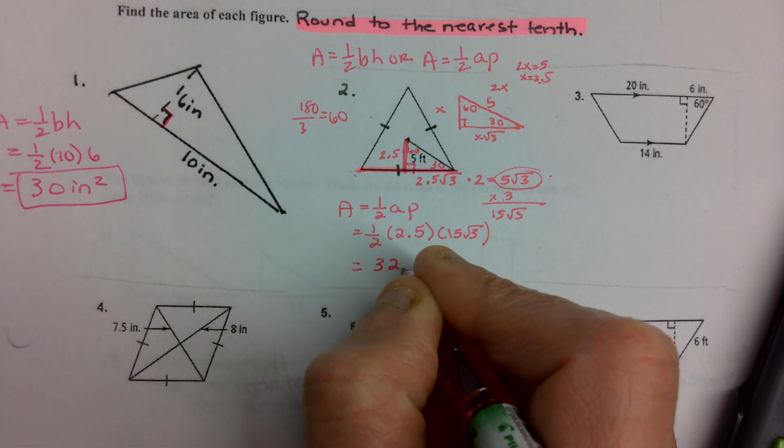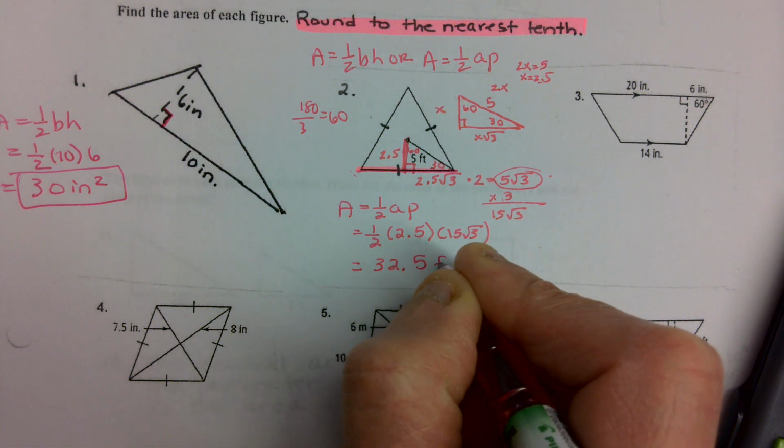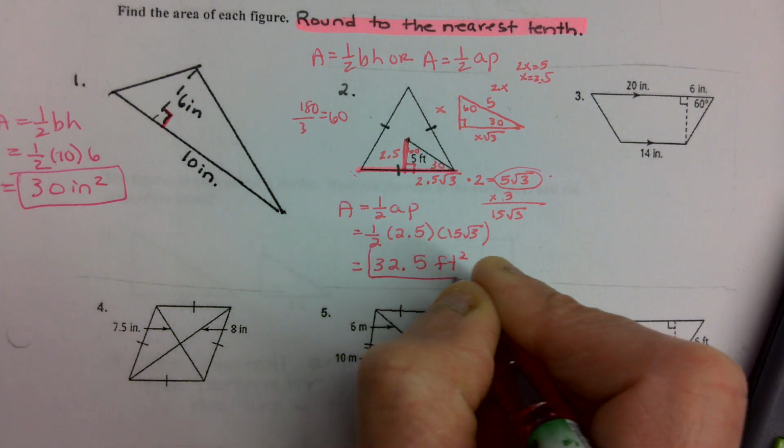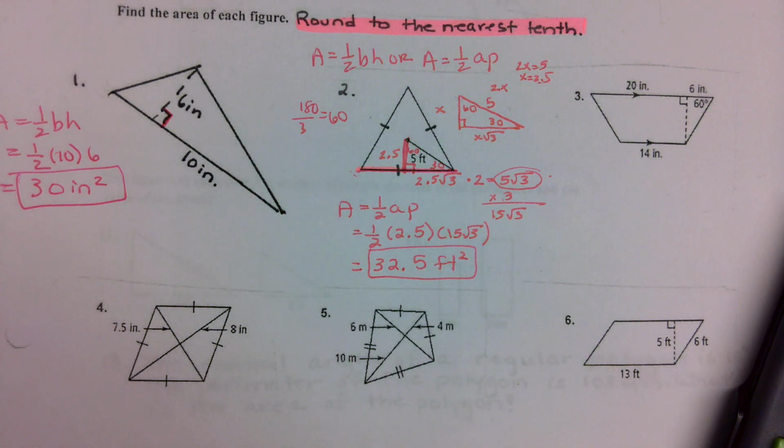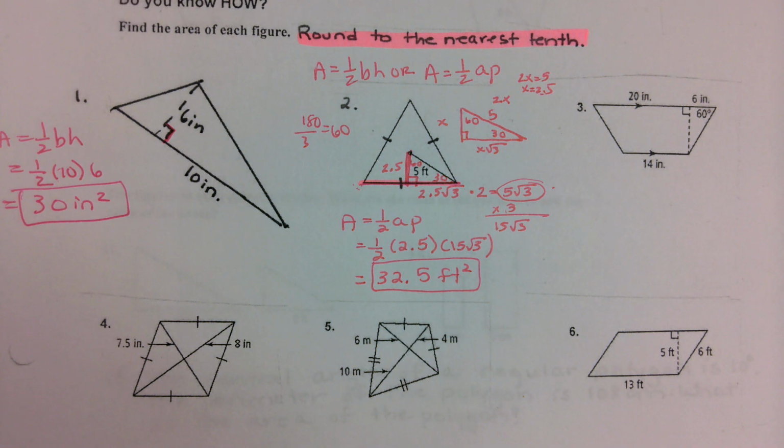Interesting. My answer is right on my wrong answer key, but the work isn't right. That's weird. Anyway, that's that one. Let's move on. That was right off the bat a tough one, wasn't it?